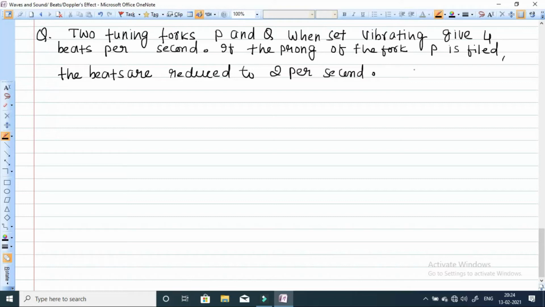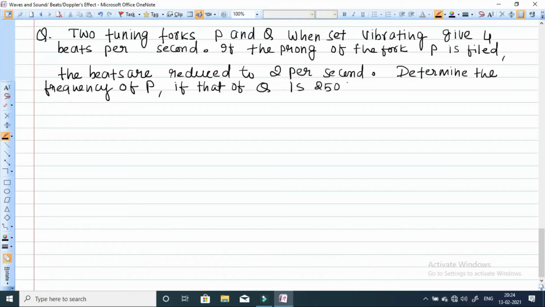Determine the frequency of P, which means the frequency of the wave produced by the tuning fork P, if that of Q is 250 Hertz. So this is the problem.